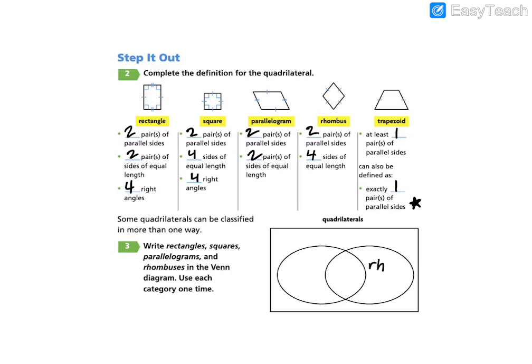So if I think about a rhombus here and a rectangle here, a square can go in the middle because squares have 2 pairs of parallel sides, just like a rectangle and a rhombus. It has 2 pairs of sides of equal length because it has 4 sides of equal length. It also has 4 sides of equal length like this. And it shares right angles with the rectangle.